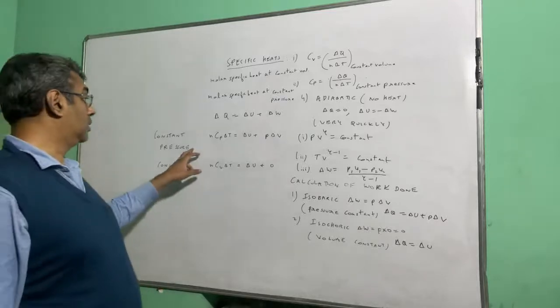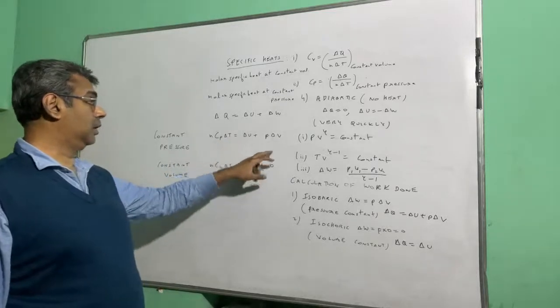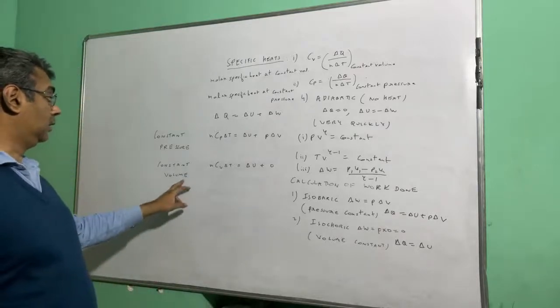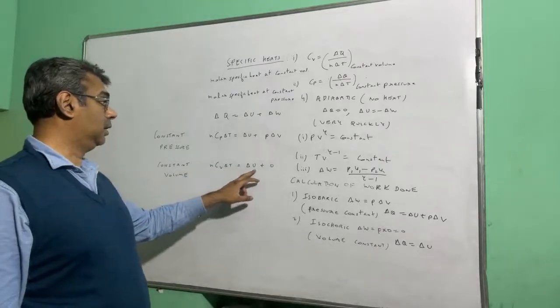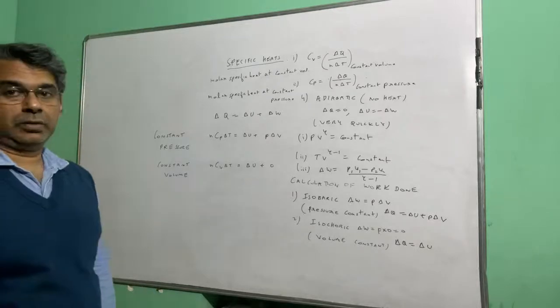So at constant pressure, n Cp delta T is delta U plus P delta V, and at constant volume, n Cv delta T is delta U plus 0, because at constant volume there is no work done.